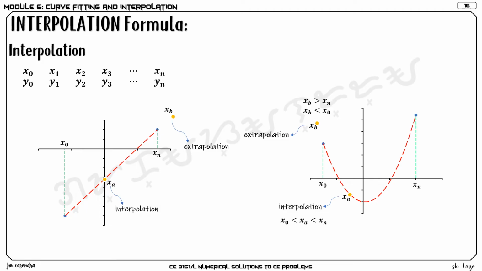Take note that for interpolation, the value of x sub e will be between the values of x sub o and x sub n, or the boundary values of x. While for x sub b, this should follow the condition that x sub b should be greater than x sub n or should be less than x sub o.